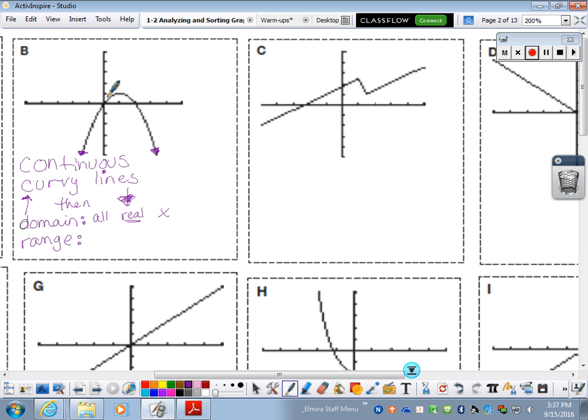So basically this is what's called the maximum point right here, the vertex. Okay, this is the value of y equals 2. The graph goes no higher than 2. So there's a limitation. It's all the y values that are less than or equal to 2. So all the values on the y-axis that are less than 2 count in the range.